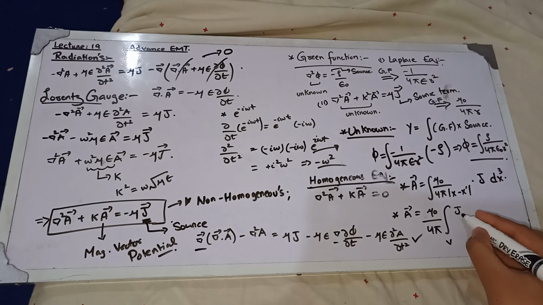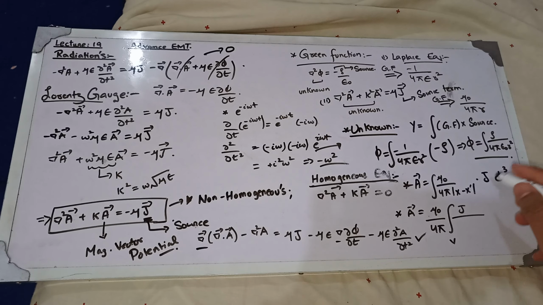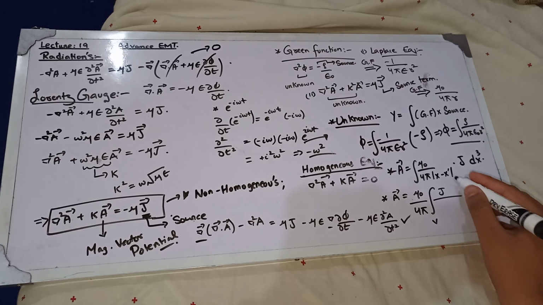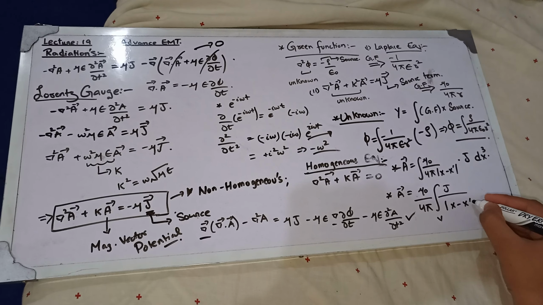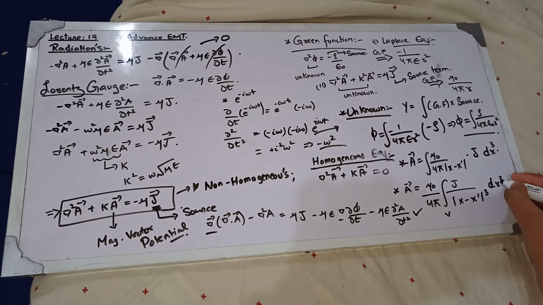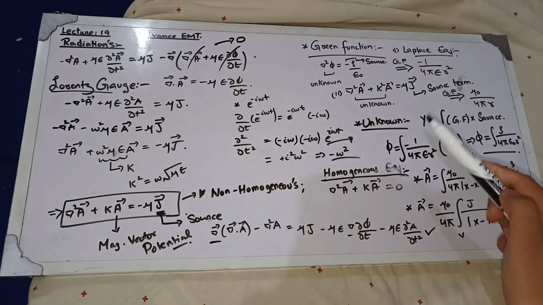So you can see it becomes J divided by, because this is a relationship like Coulomb's law, so we have to integrate over volume. So here is one position, so inside it becomes the cube of x minus x prime, dx cube. So this is how you can find the unknown with the help of the Green function.